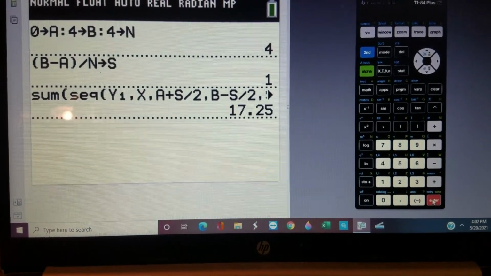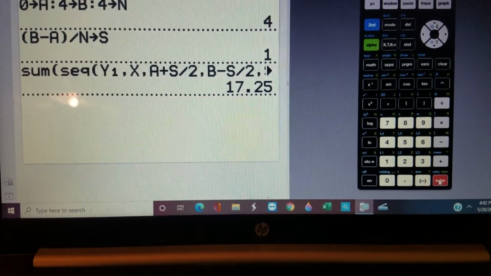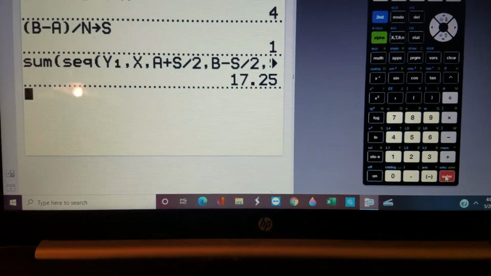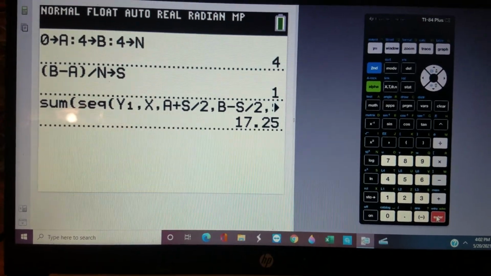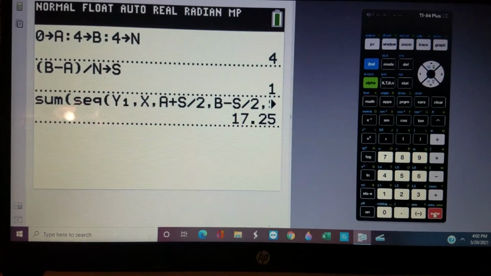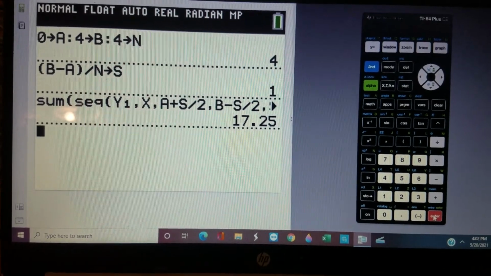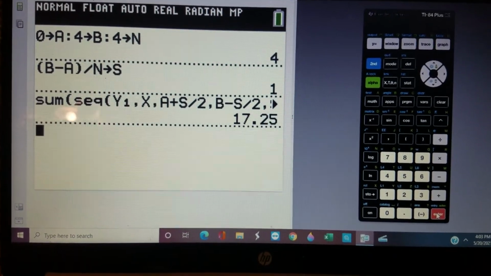For x squared, it was 1/4 x squared plus 3 from 0 to 4 with 4 partitions. And I guess I consider this one command, since I only hit the enter key once, and that's all there is to it for midpoint.